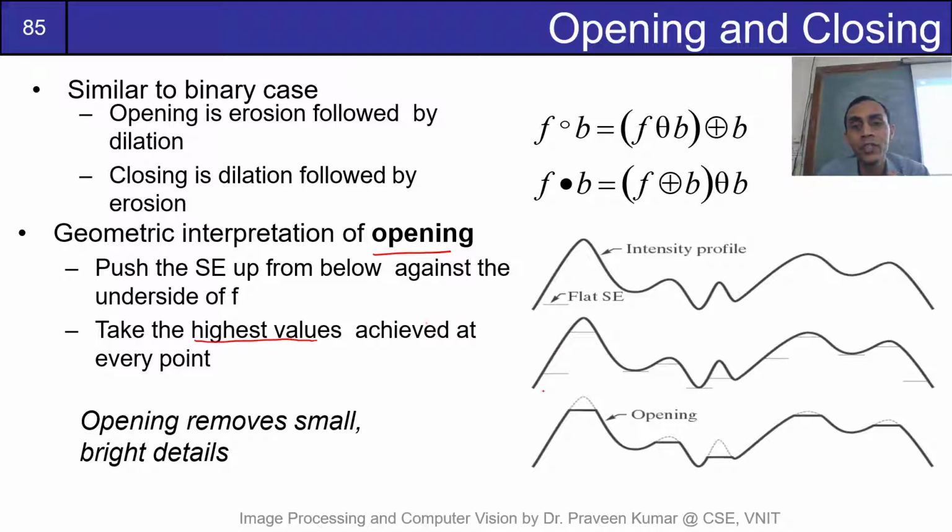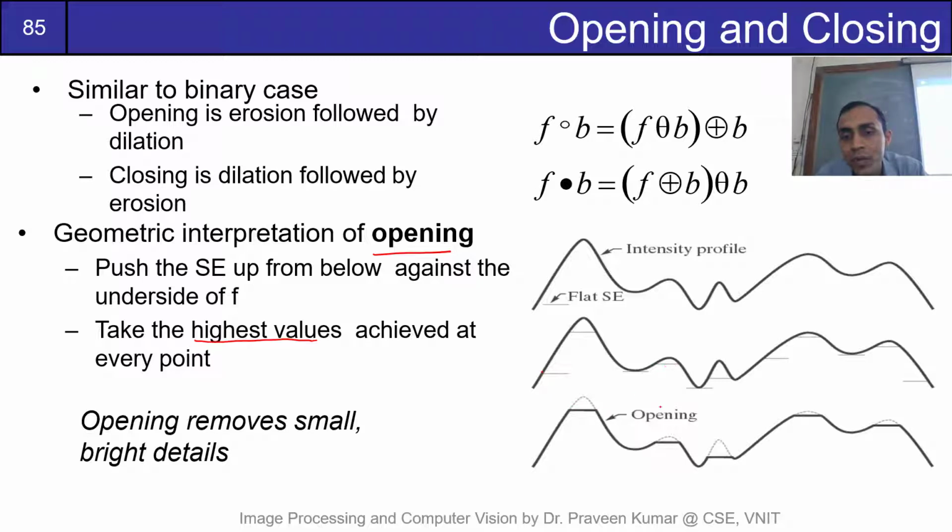So take this stretching element and push it from the bottom of the function profile, and at each point we'll take the highest value. So here we'll take this value, this value. At this point we cannot push it further. So the maximum value here will be this. So effectively what will happen is that this will get cut off.